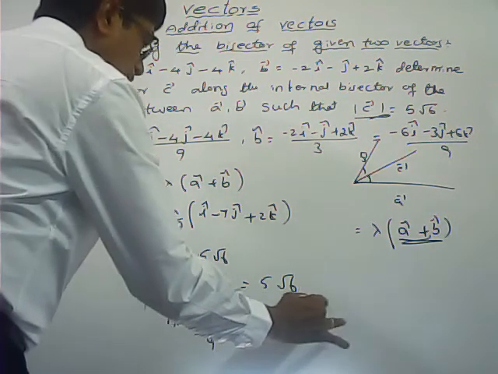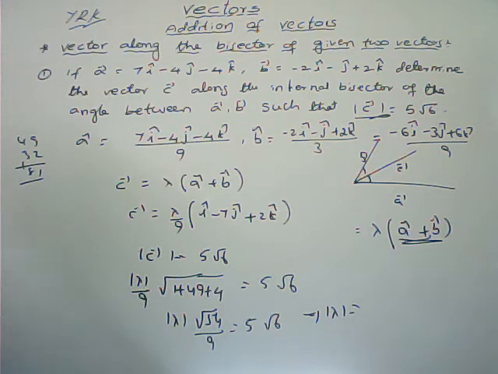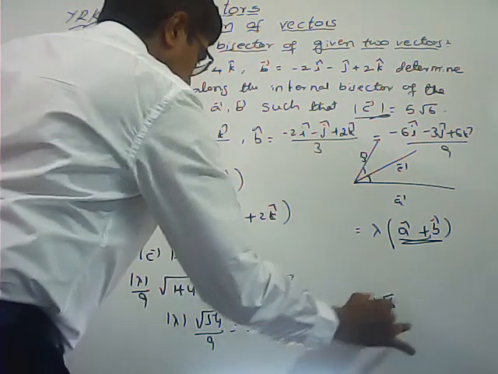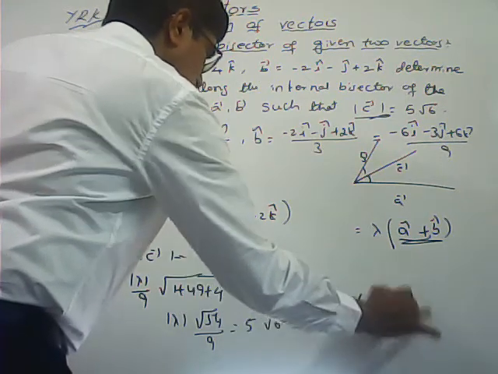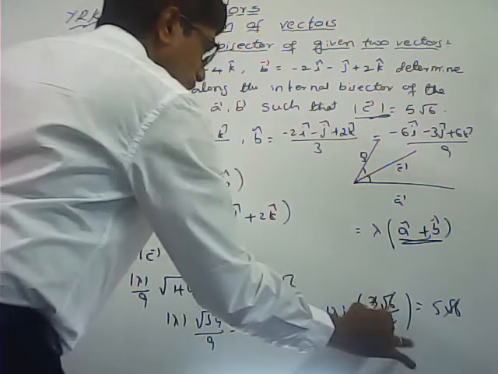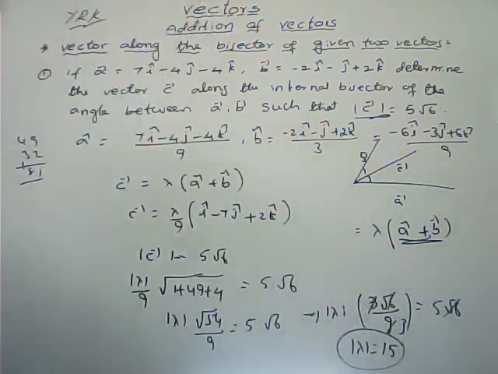That implies root 54 means 3 root 6, by 9, is equal to 5 into root 6. Here these two get cancelled. 3 times modulus of lambda is equal to 15. So here lambda you can take either plus 15 or minus 15.